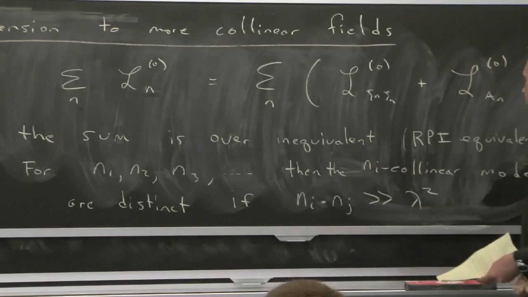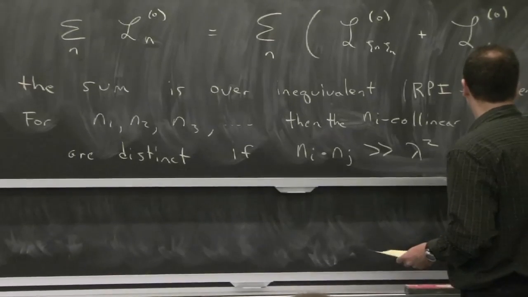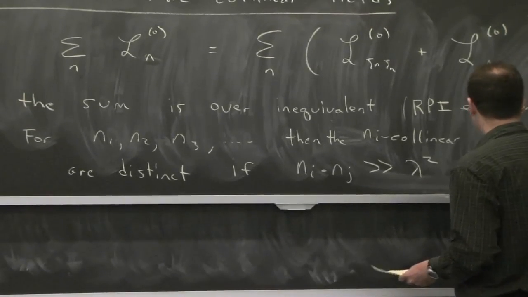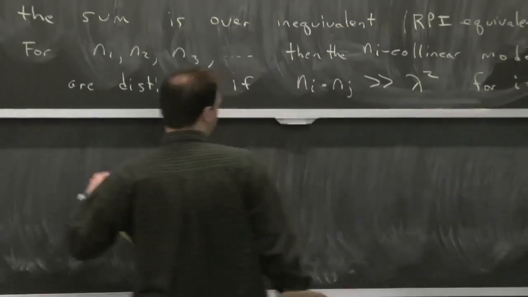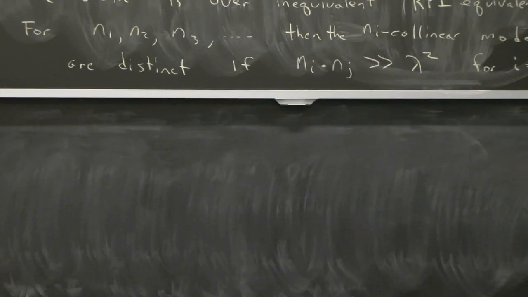And in fact, they should be some value that's much bigger than lambda squared. Obviously, if i was equal to j, we'd get 0. But for any i not equal to j, we will say the n's are inequivalent if the dot product is much bigger than lambda squared. So let's see why it's lambda squared by doing an example. So that's, if you like, how you can define the equivalence classes.